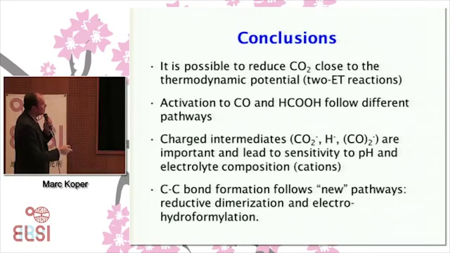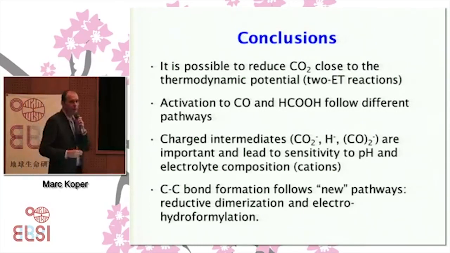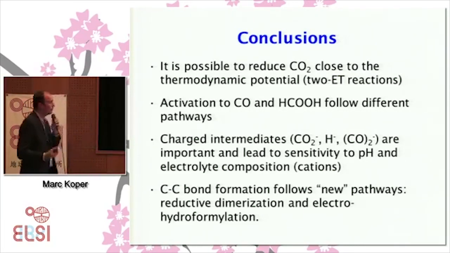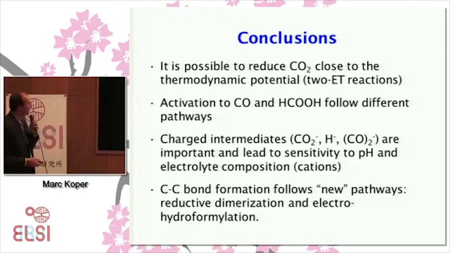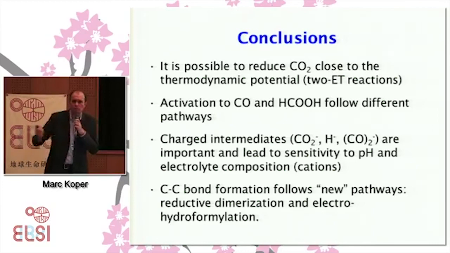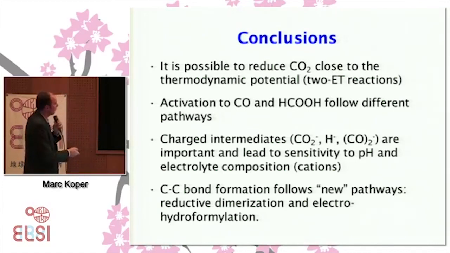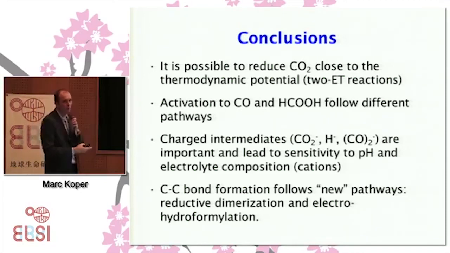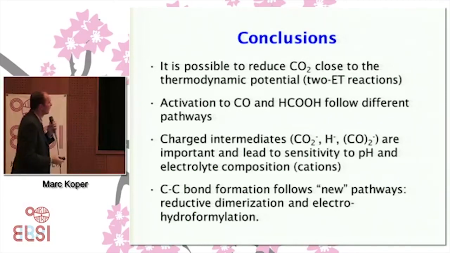That under electrochemical conditions we make these charged intermediates, and that means that these reactions are very, very sensitive to pH, and they're sensitive to the nature of the electrolyte, and specifically the kind of cations that you have in solution, and that you have somewhat unusual carbon-carbon bond formation pathways like reductive dimerization, and maybe electrohydroformylation is not so unusual, but it's not always considered in the mechanisms that people have suggested.